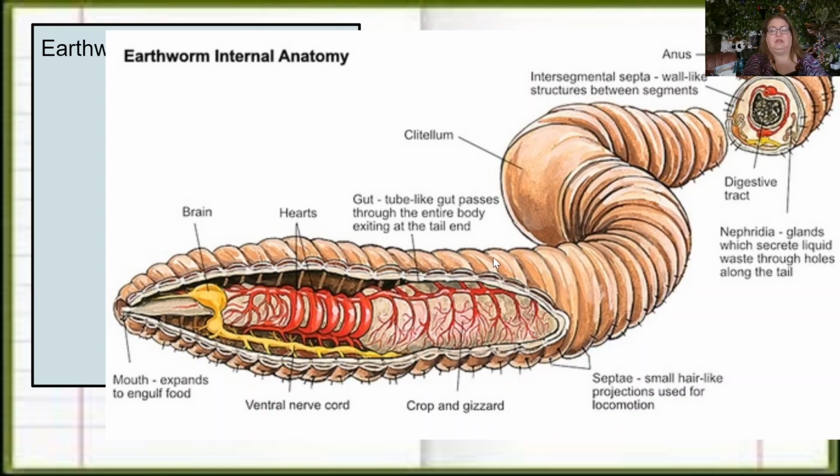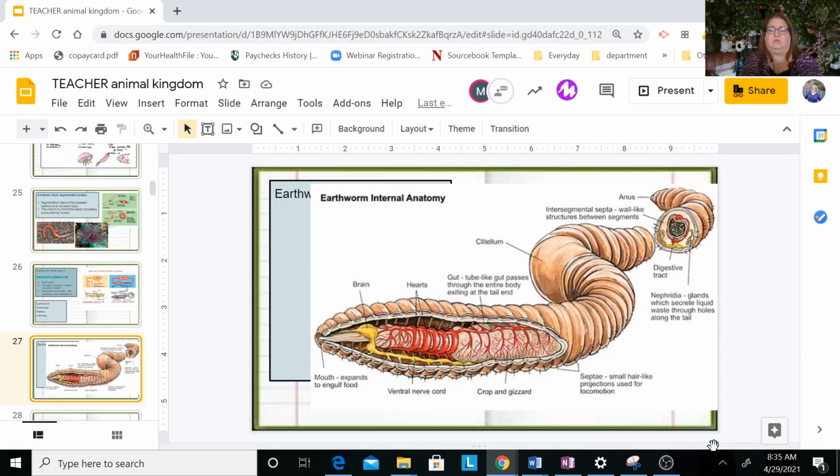So again, we're starting to get some more complex body systems. All of these will be because the animal is getting bigger, and they have to then distribute and transport materials in some way. So most annelids are hermaphroditic. Again, we're talking about both reproductive organs, and that will end our annelids.